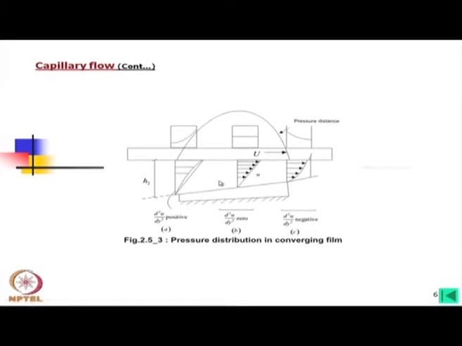Depending on this gap, the pressure will be more. If the gap is less, then the pressure will be more. However, we cannot make this gap very small, there should be at least some magnitude, that depends on fluid property and other parameters.